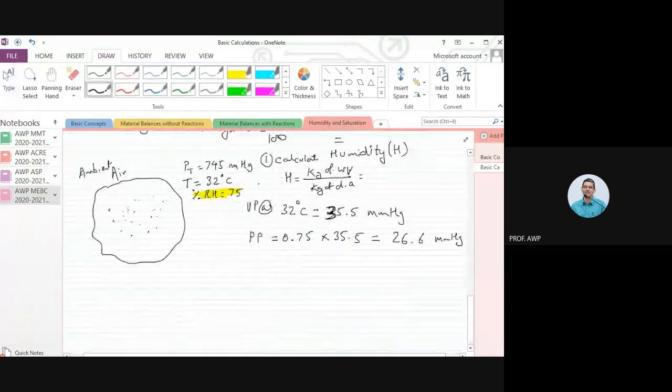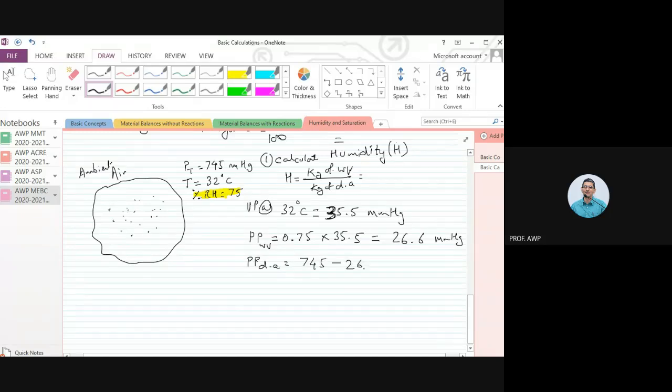So this is the partial pressure of water vapor. What must be the partial pressure of dry air? Total pressure 745 minus partial pressure of water vapor, isn't it? Yes, sir. So that must be 718.4 mmHg.